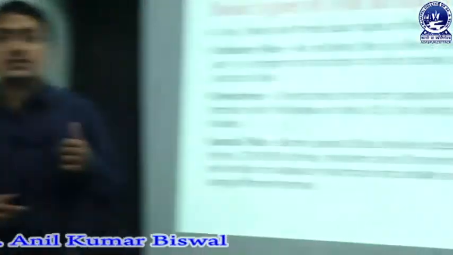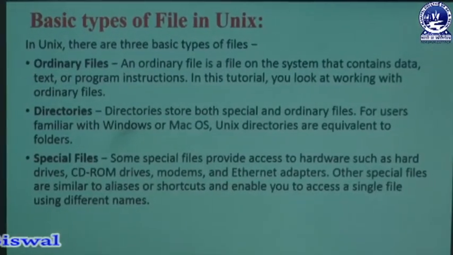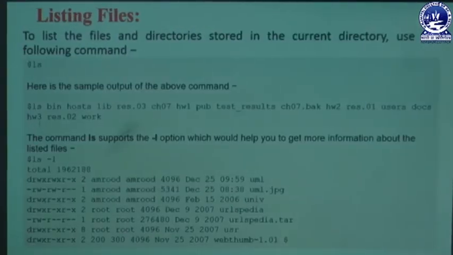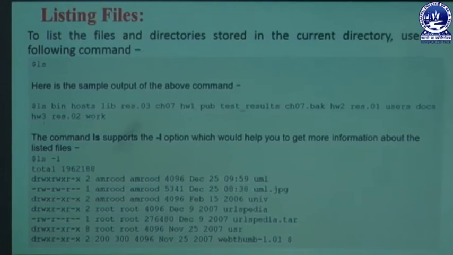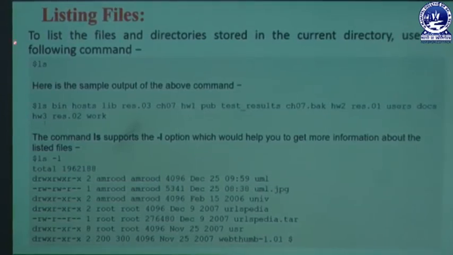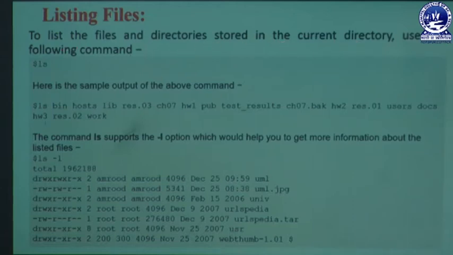Now we can focus on a slide. Next we are going to discuss the different techniques for listing our files. Here, to list the files and directories stored in the current directory, use the following commands. Whenever a user wants to access their files from their directories, we need to use commands, because Unix is related to the DOS operating system.